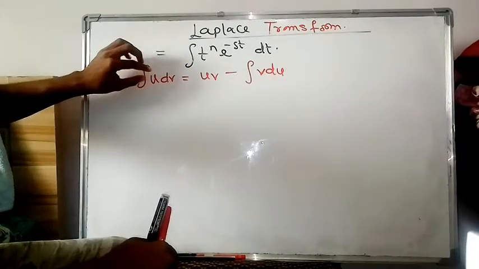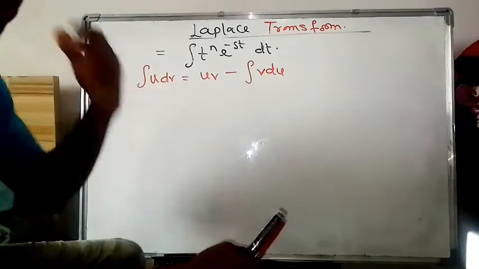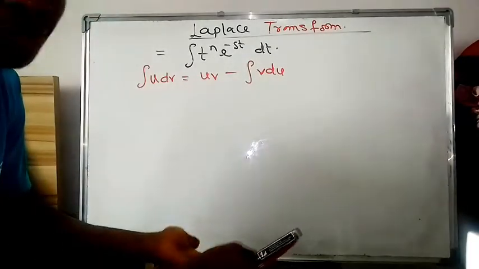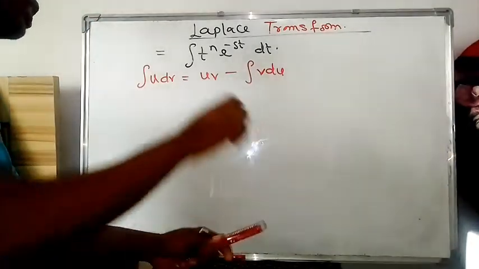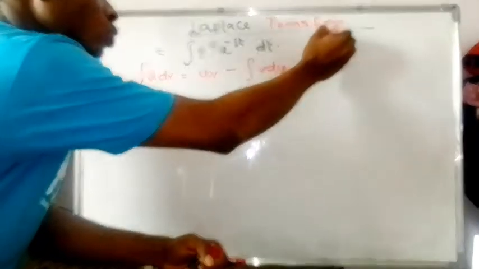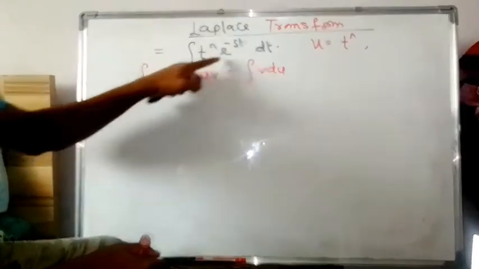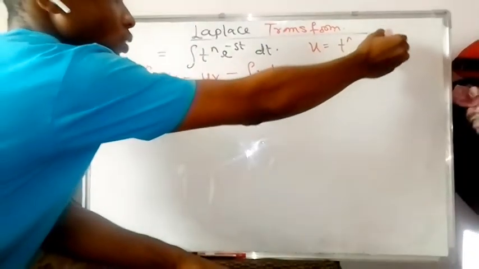So what are we going to take as u, and what are we going to take as dv? Following the sequential order for integration by parts, the arithmetic comes before the exponential. The arithmetic we have here is t raised to the power n, so we take u to be t raised to the power n. Now we take dv to be what? Exponential minus st.